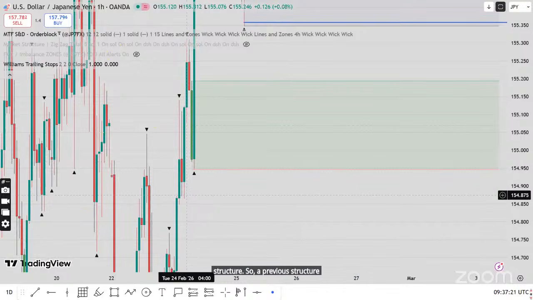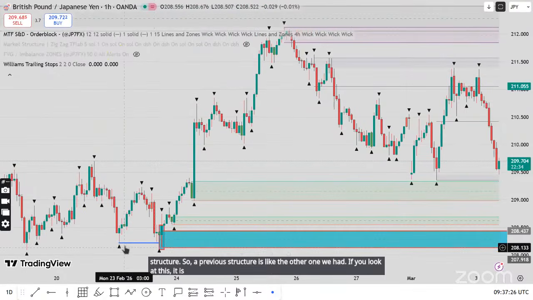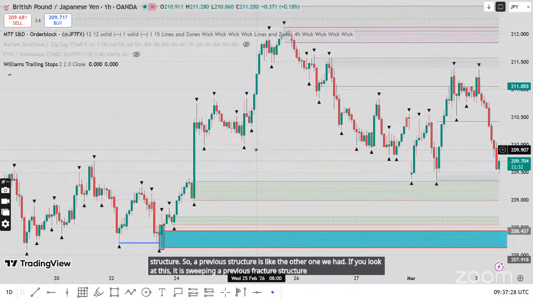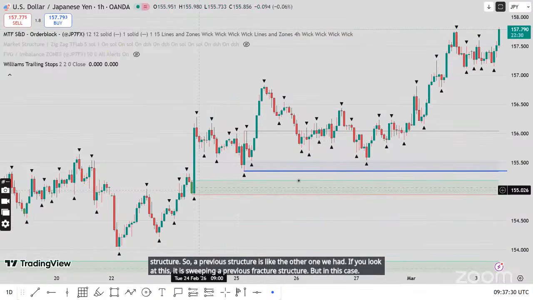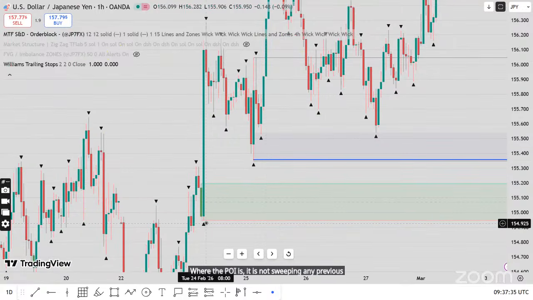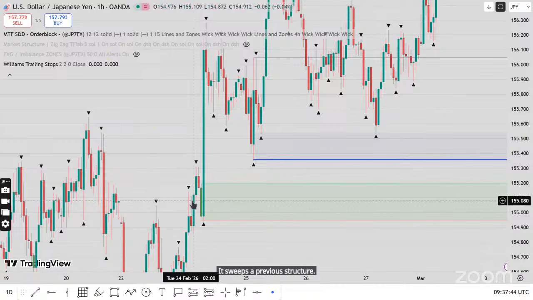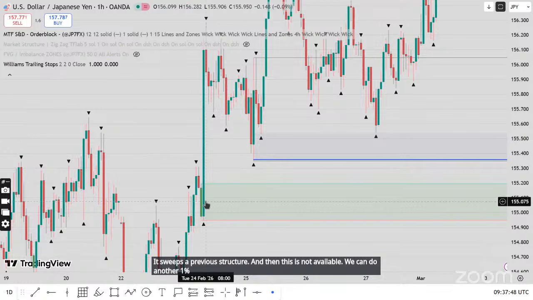It's like the other one we had. If you look at this, it is sweeping a previous fractal structure. But in this case, where the POI is, it is not sweeping any previous structure. And that's the problem, so we wouldn't consider it. It is better it sweeps a previous structure. We can do another 1% risk than for it to not sweep at all.